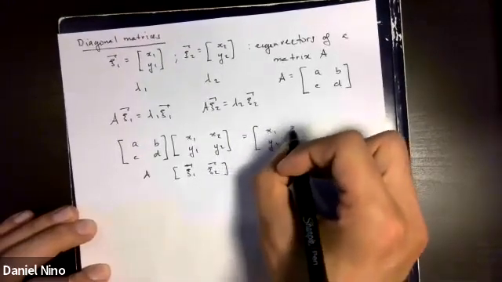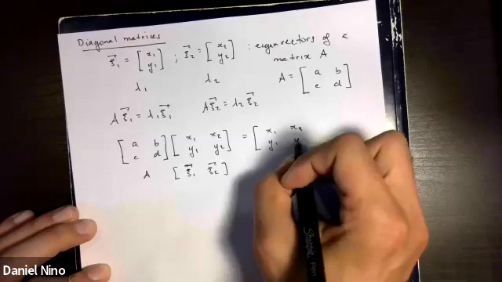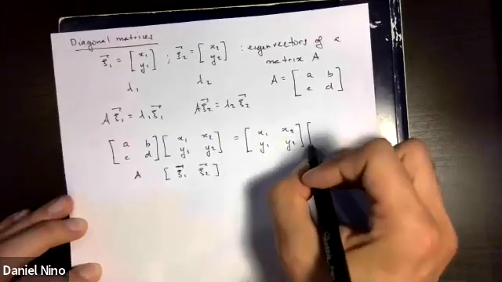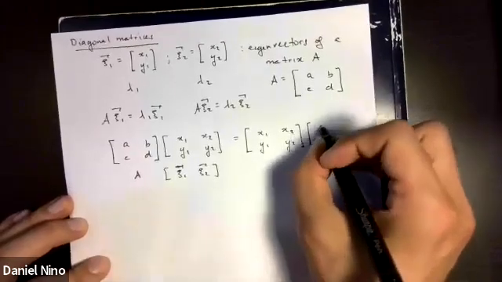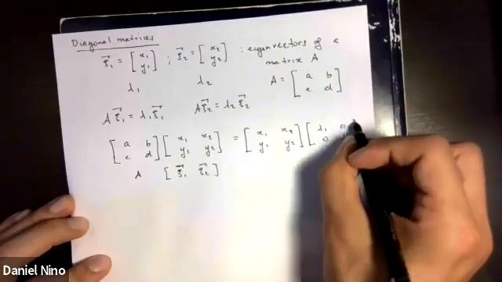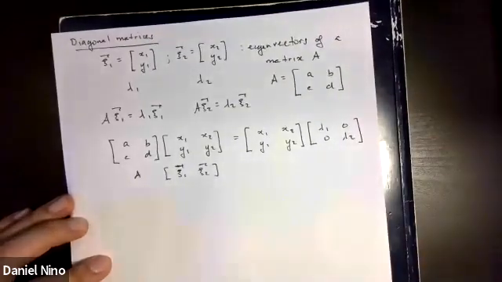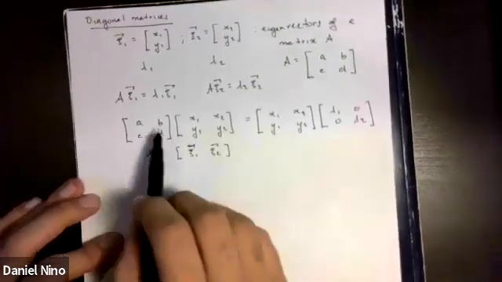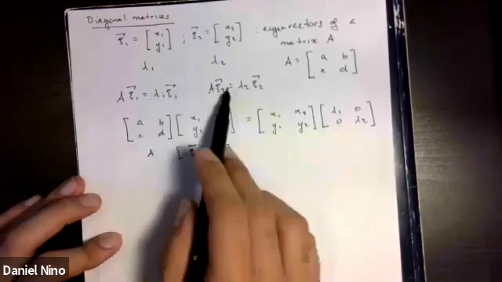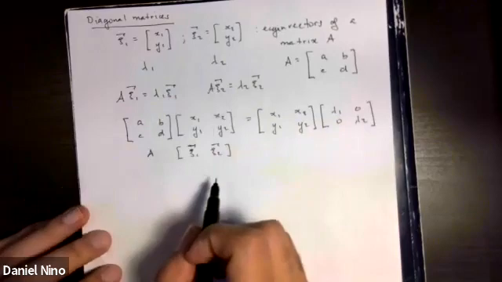We again have our matrix of eigenvectors, and this is multiplying a diagonal matrix with the eigenvalues along the diagonal. And you can satisfy yourself that if you carry out these two matrix multiplications, you'll end up with both of these equations at the end.